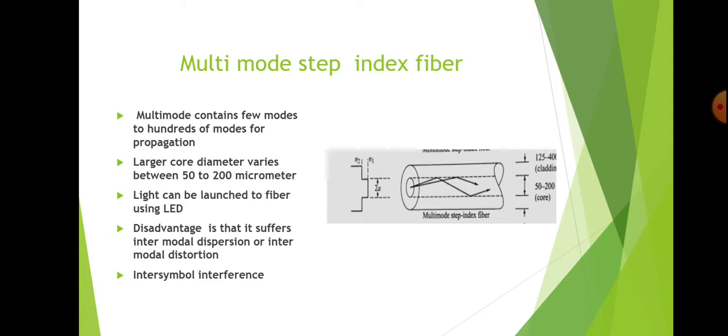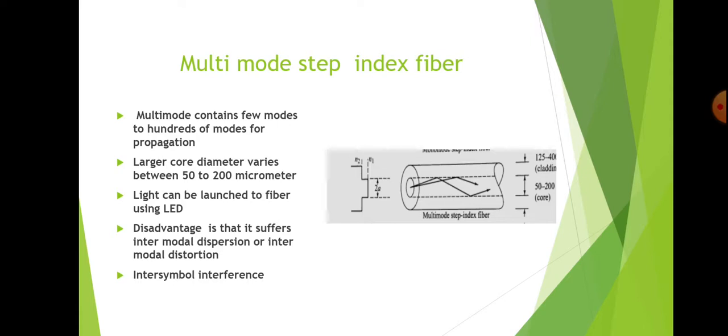So in the case of multimode step index fiber, due to the intermodal dispersion, the width of the pulse becomes larger than the time allowed to the pulse at the time of transmission, and the spreading of the pulse causes interference with the adjacent bits, causing intersymbol interference.